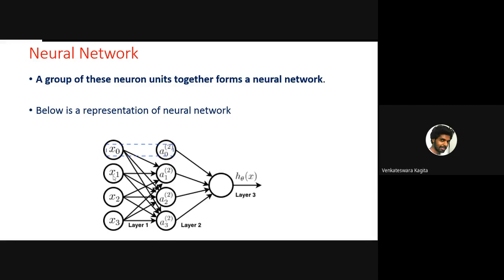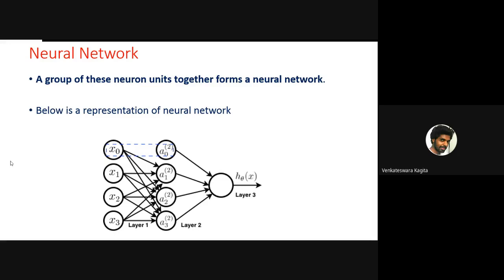We compute the net sum and then pass it to the activation function, that is the sigmoid. With different weights we do the same here. Then, taking the outputs of these activation units as input to the next layer, and so on.